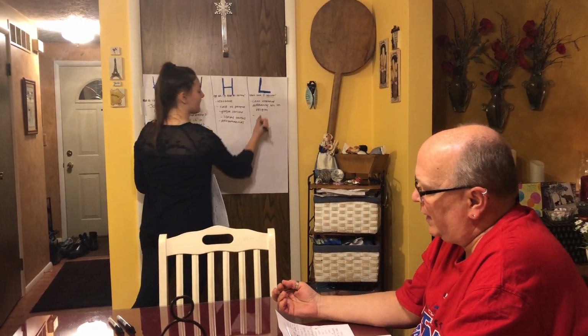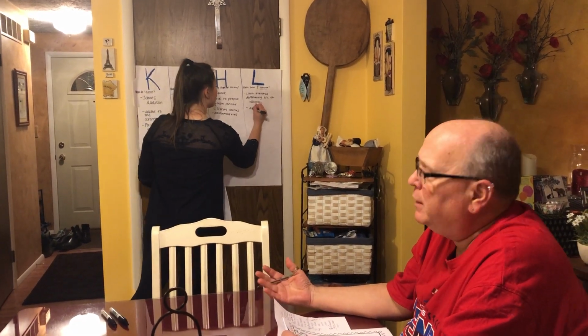What are some other things that you learned? I learned that it's called an amendment because to amend means to add something on or to change something to make it better. So the amendments were put on the Constitution to make it even better. Great, yeah, that's a great point. I like that one. Anything else?